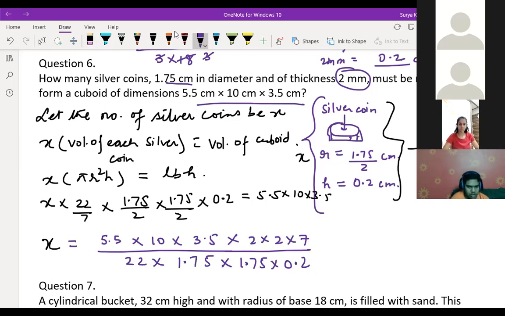Is it clear to everyone? Numerator part is sent to denominator, and denominator part is sent to numerator. Okay. Now you can solve and tell me.